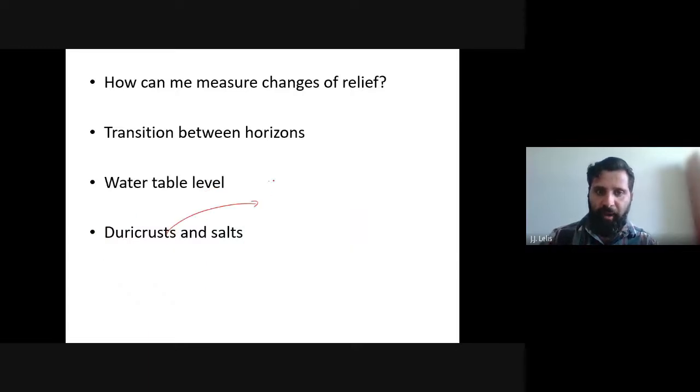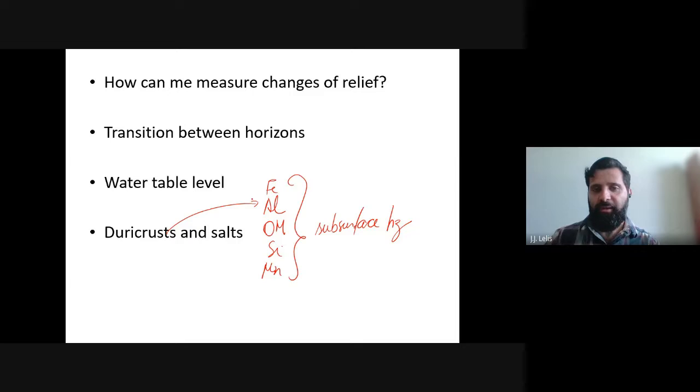So iron, aluminum, organic matter, silicon, and manganese, they generally are formed in subsurface horizons because they depend on the high weathering and concentration of these elements in a specific layer.